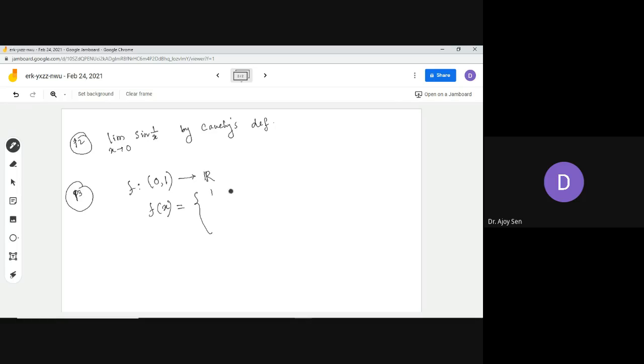The value is 1 if x is a rational number and x lies here, and the value is -1 if x is obviously irrational and obviously x lies here.